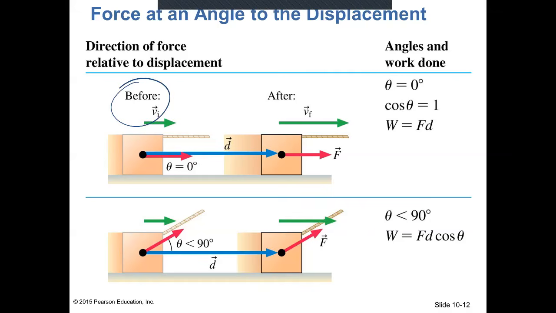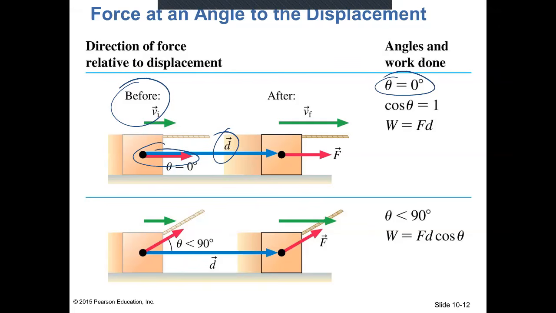And then what we do here is we apply a force. This red arrow is the force in terms of its magnitude and direction. We're going to assume that it's a constant force the entire time. But imagine when you apply that force, look at the displacement. So here's the displacement. In this case, you can see force is to the right, displacement is to the right. That means angle theta is 0 degrees between them.